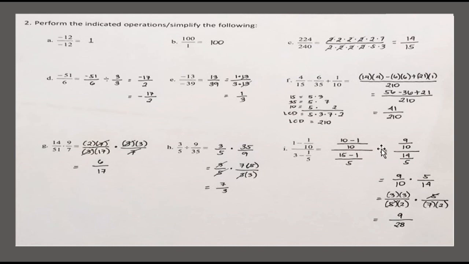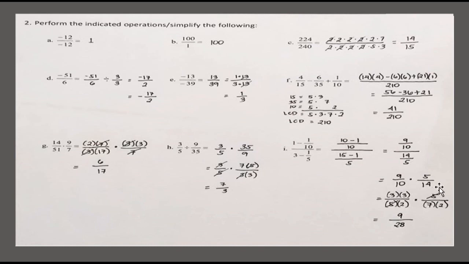So, now we simplify. 10 minus 1 is 9 over 10. All over, 15 minus 1, 14 over 5. So, again, this is division of fractions. So, we can multiply by the reciprocal of our divisor. So, 9 over 10 times 5 over 14.